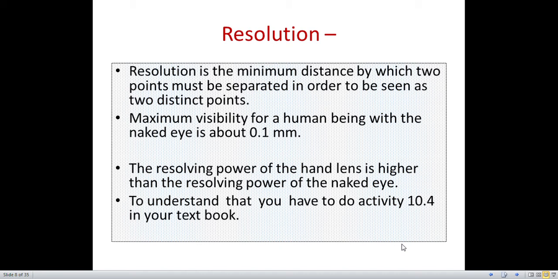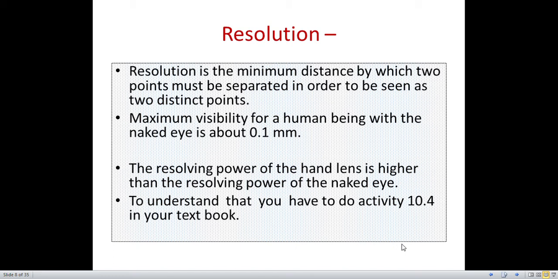Normally, there should be at least a minimum distance of 0.1 millimeter between two adjacent points to distinguish between them by the naked eye. Now you will realize that the resolution of the naked eye is around 0.1 millimeters.